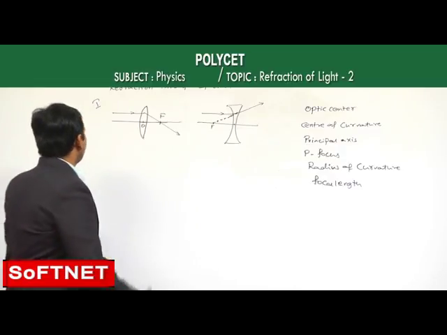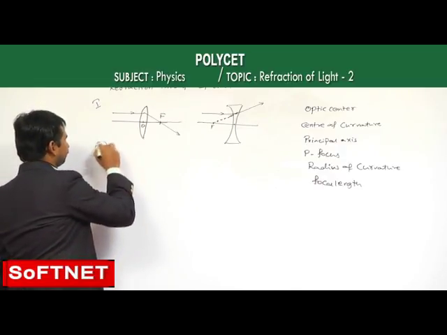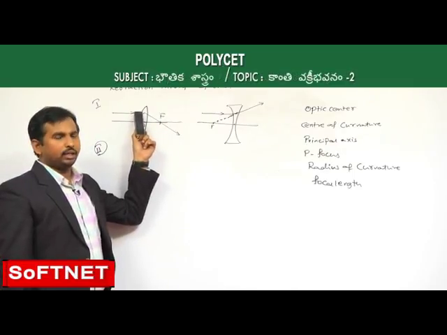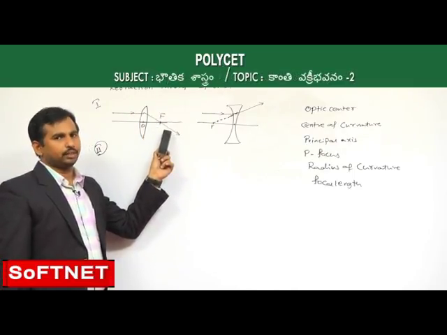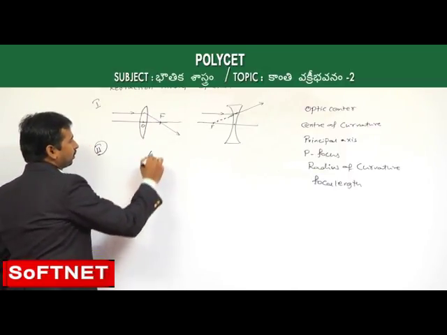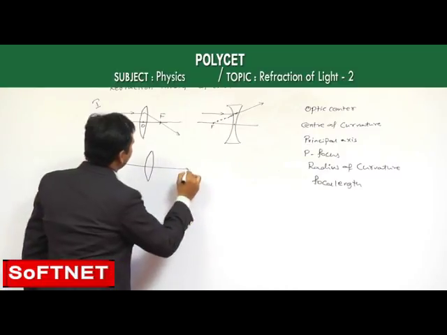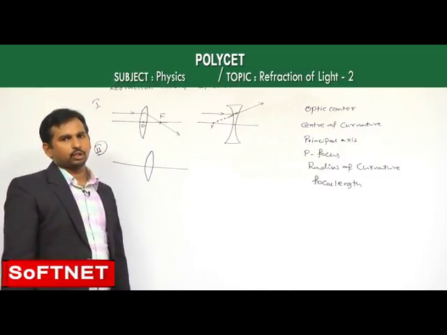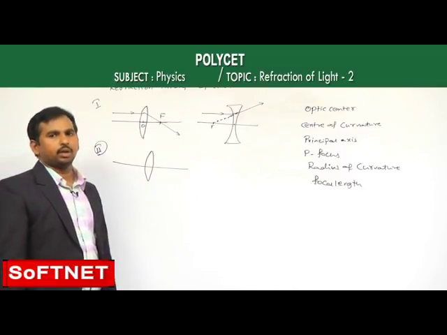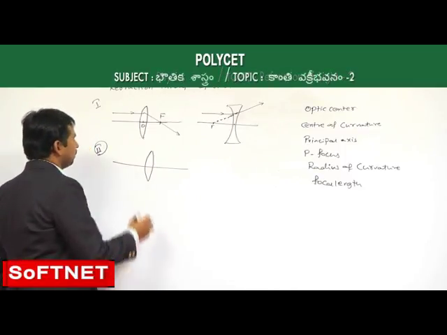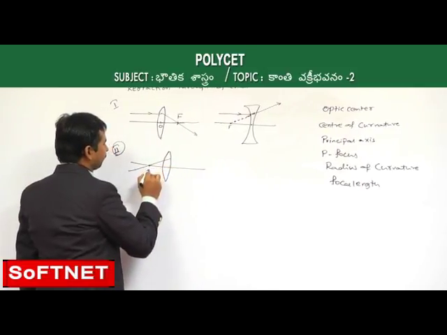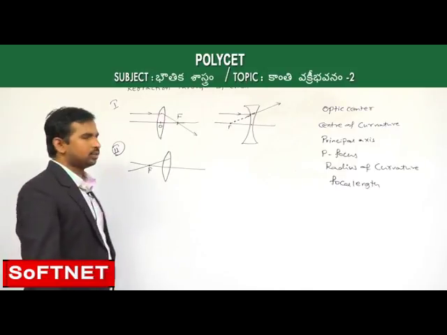Okay. Now, according to rule 2, here we took the light ray going parallel and passing through the principal focus after refraction. Now we are taking the light ray which is passing through the focus, and after refraction the light ray is passing parallel to the principal axis. For example, like this. This is the focus.